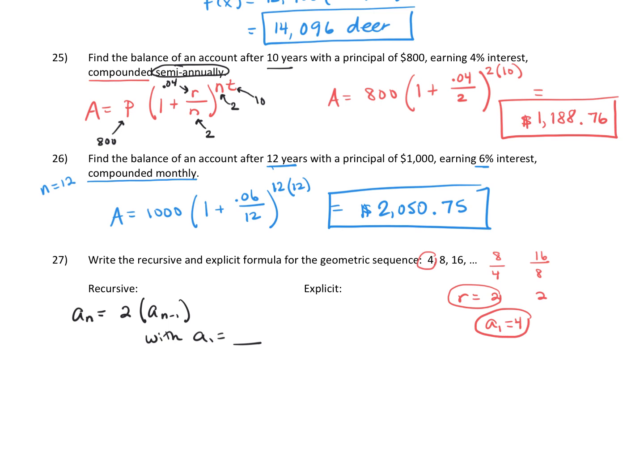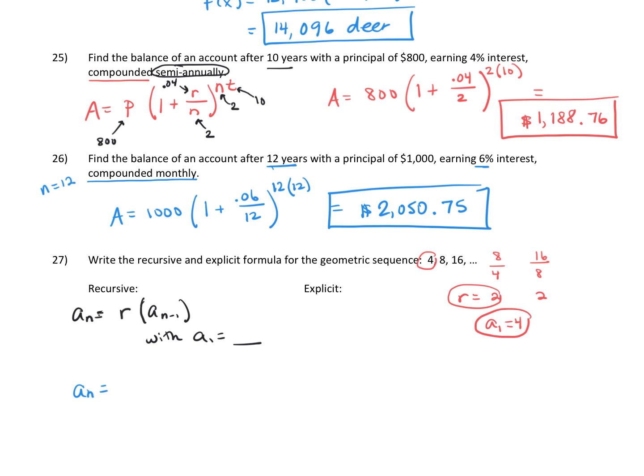All right, so let's go ahead and write out our recursive formula for this sequence. We're going to follow this structure. So our recursive formula is going to be a sub n equals, oh, look at this. I filled in the 2 by accident too soon. That should be an r.